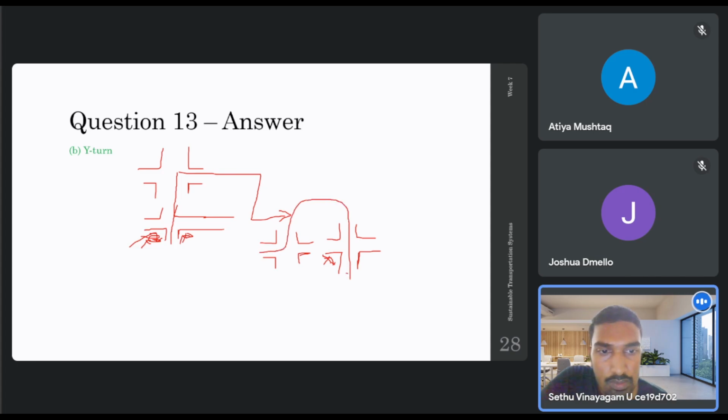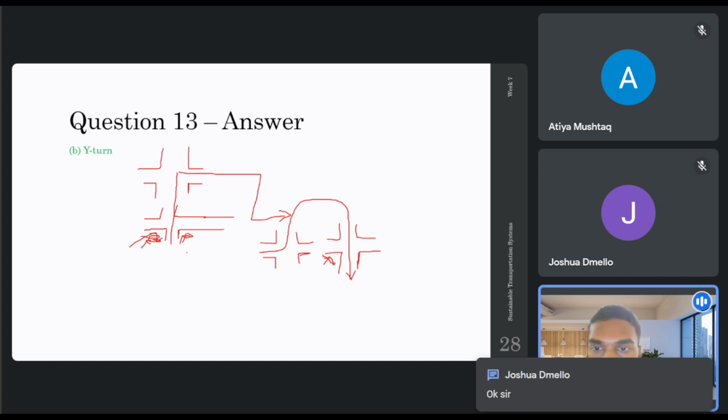So to turn right here, people are turned left at an earlier intersection, so they will take this longer route, come back, and then go straight here, right? So the right turn at this intersection is restricted, and instead it is converted to a left turn at a previous intersection. That's a G turn.